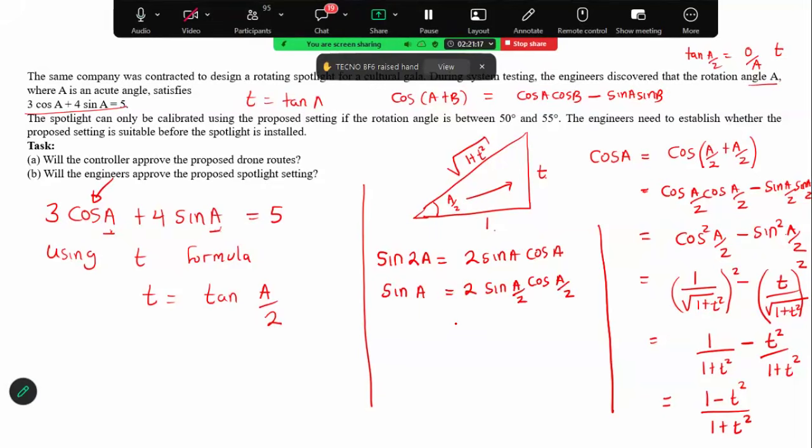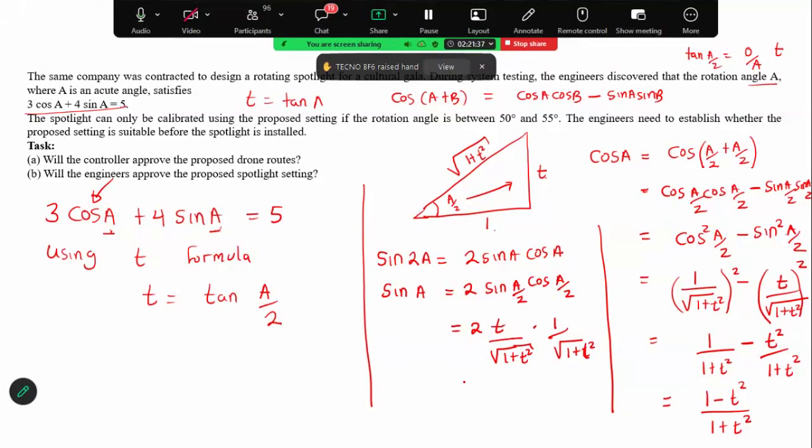So that one you need to have at the back of your mind. So here we shall have 2 sine of A out of 2. Sine is opposite out of hypotenuse, which is t out of the square root of 1 plus t squared, times your cos, which is adjacent out of hypotenuse, which is 1 out of the square root of 1 plus t squared.